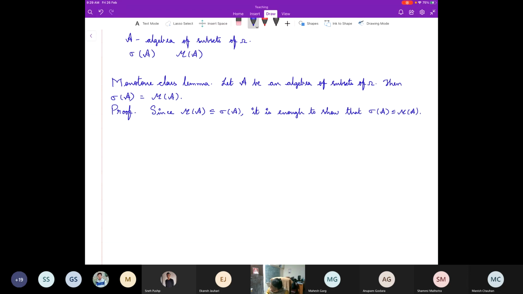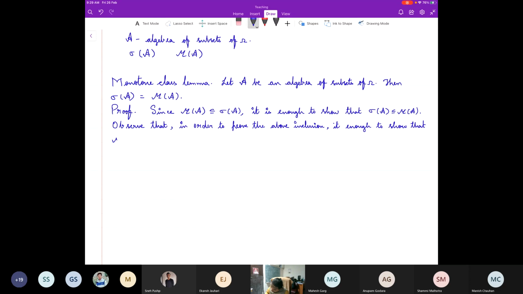Now observe that in order to prove the above inclusion, it is enough to show that M of A is an algebra.